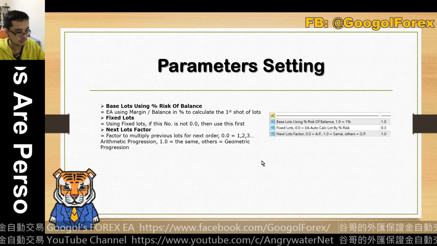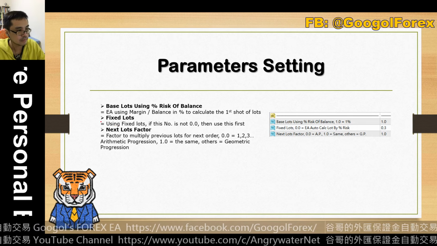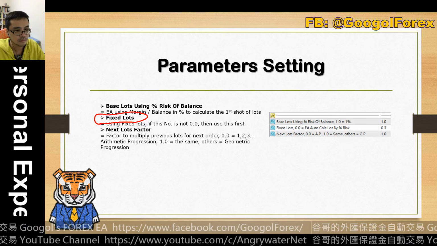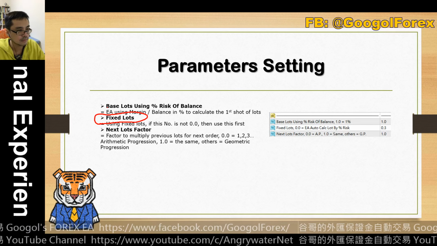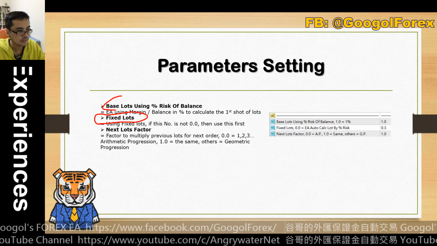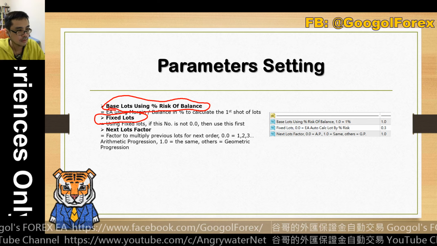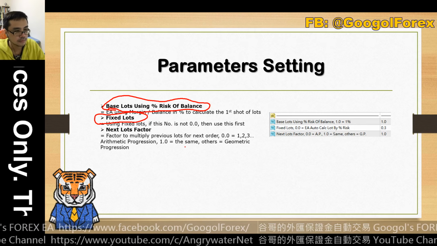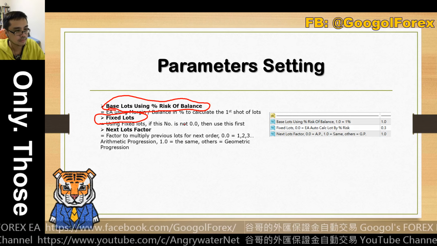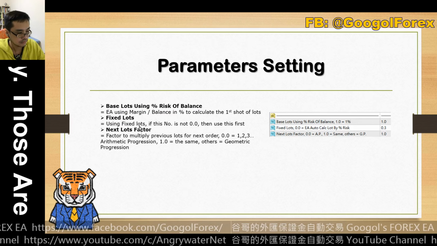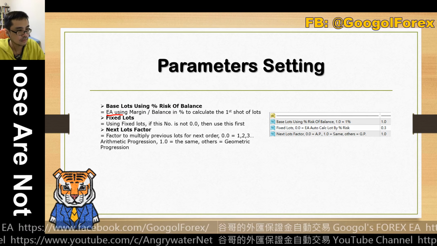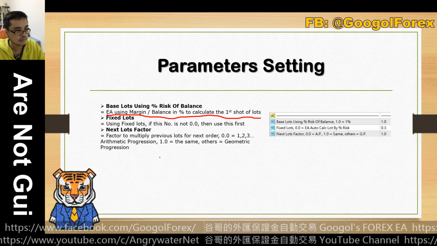They work together. If the value of fixed lots is 0, then the robot will calculate lots by the setting of base lots using percent risk of balance. That means the robot uses the margin per lot to estimate how many lots to use for your first shot by the risk value set.